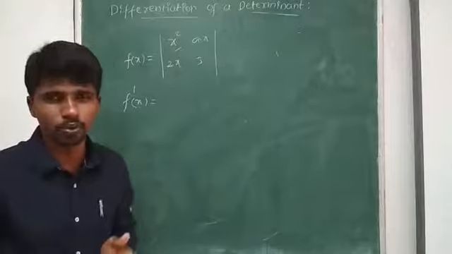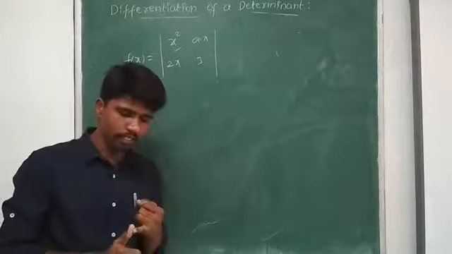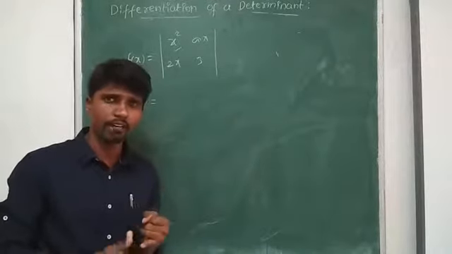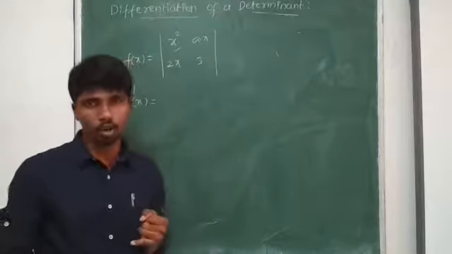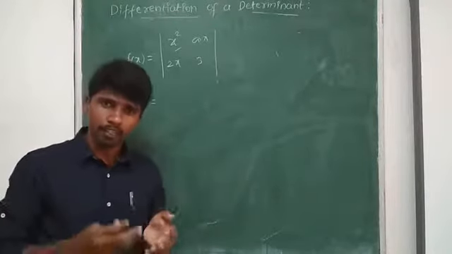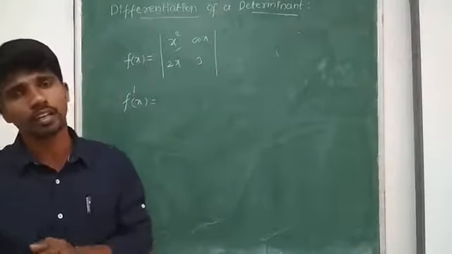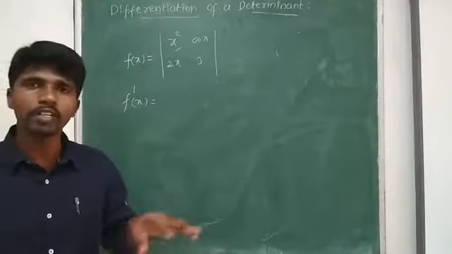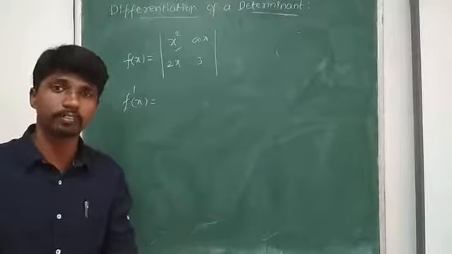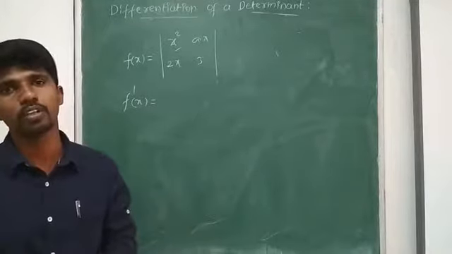The first row differentiation we have to find, and we keep the rest unaltered, and we proceed till we do the differentiation for the last row, and whatever differentiated determinants we got, we have to add.